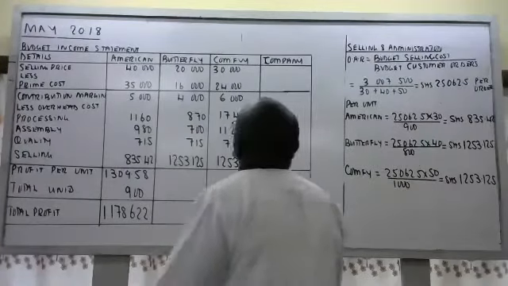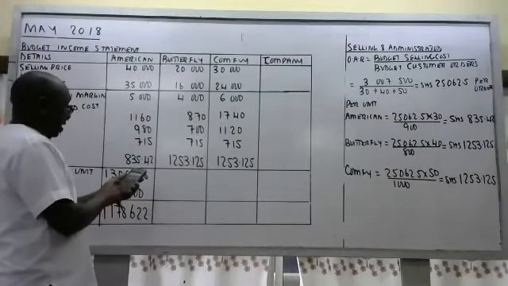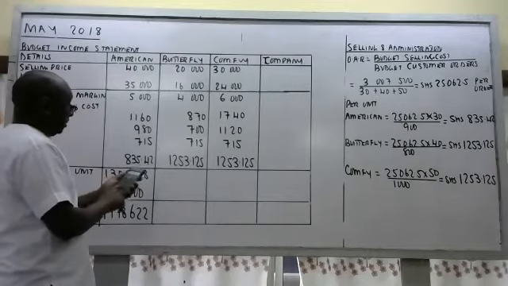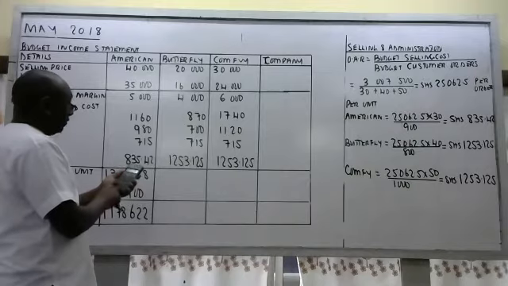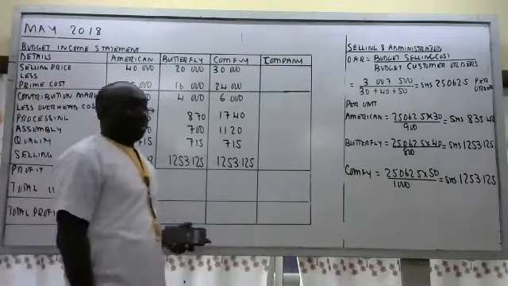Let's do the same to butterfly. 4,000 minus 870 minus 700 minus 715 minus 1253.125. Send me the figure.